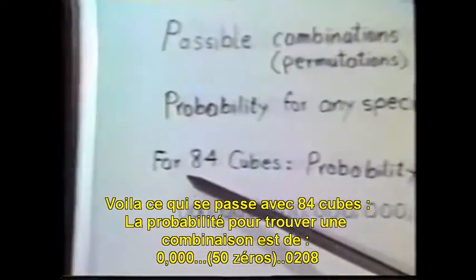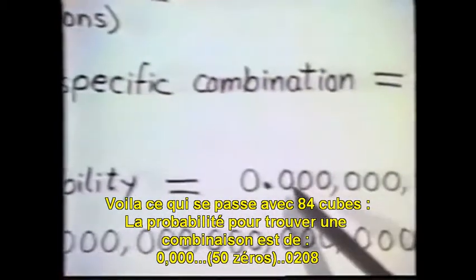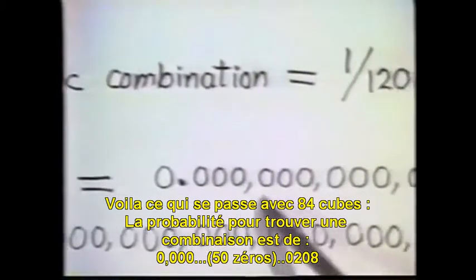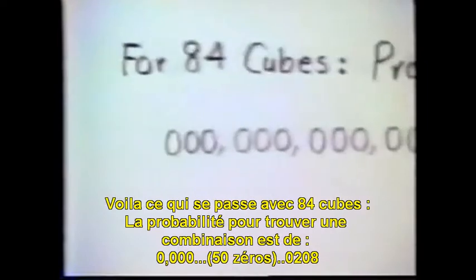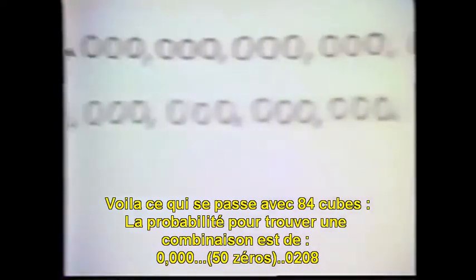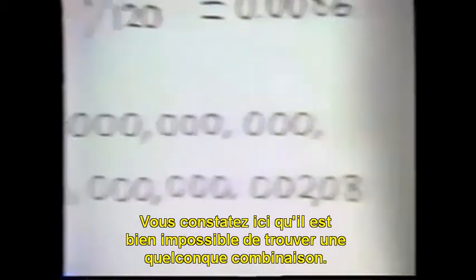I have the number here for 84 cubes. The probability, look at this, is 0.000000 all the way 50 zeros, and then 208. So you can see here that the probability for all practical purposes is 0.